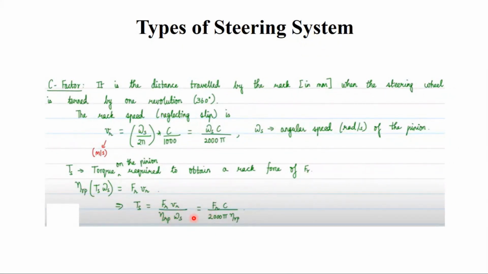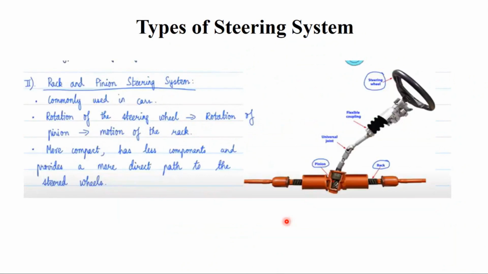So how can we write this? We know that VR is nothing but omega s into C by 2000 pi, and this omega s and this omega s will be cancelled. So it will be F4 into C by 2000 pi divided by the efficiency of rack and pinion.